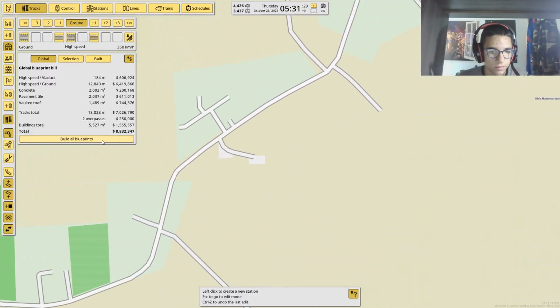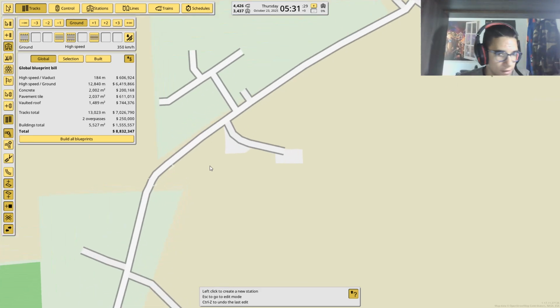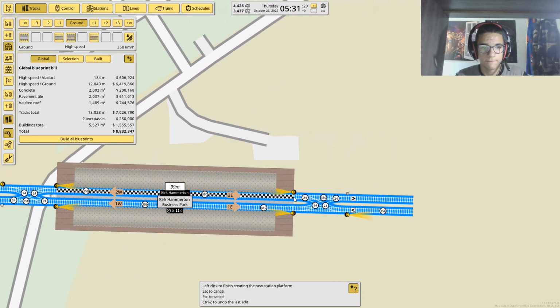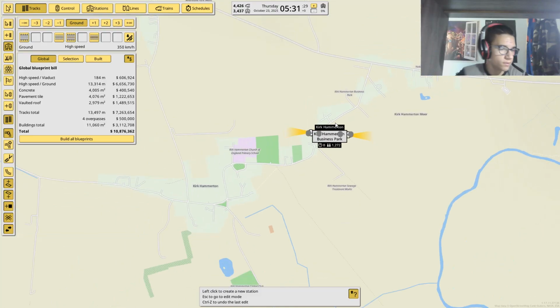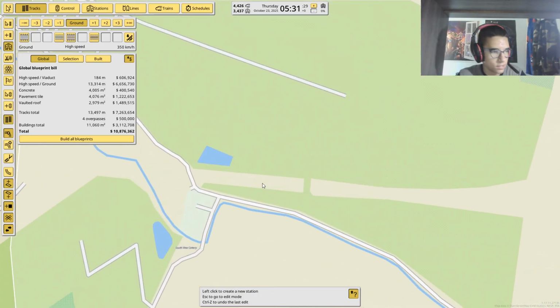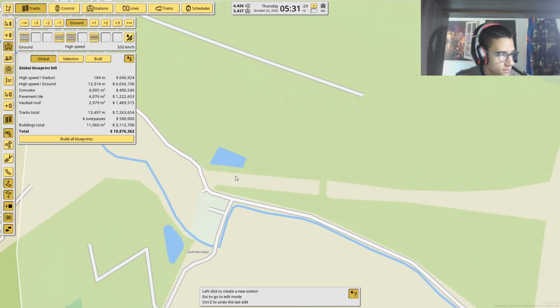Is this it, or is that it? I actually don't know what I'm doing. I think it is this turn here, so there we go, and then it will be Cattle's next station. This is probably a very empty countryside station, and it probably doesn't need to exist, but okay.